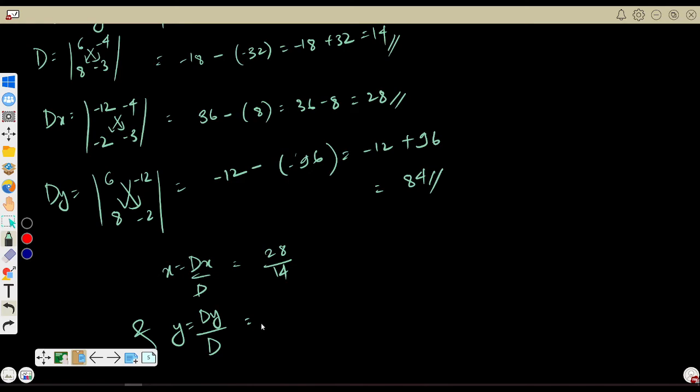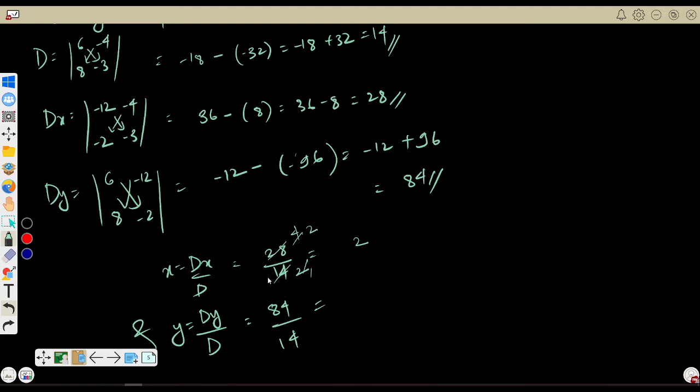The value is 14, and for the second determinant dy, the value is 84 divided by 14. So if you simplify this, the value will be 7 into 2, 7 into 4, and again if you simplify this, 2 into 1, 2 multiplied with 2. So x value turns out to be 2. I hope this is clear to you till now.